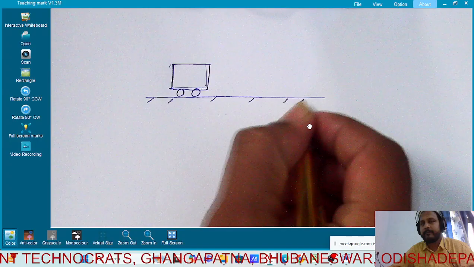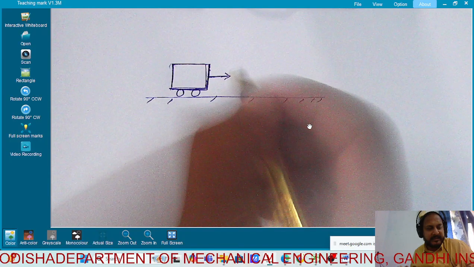Assume that this is the train, and here there is that particular thing which we call the drawbar. In this drawbar, you assume that this is accelerating in this particular direction with an acceleration of a, and this T you have to find out. So T is the tension in the drawbar.